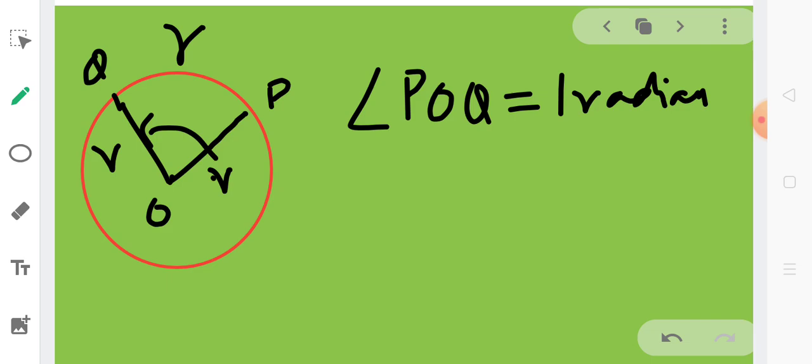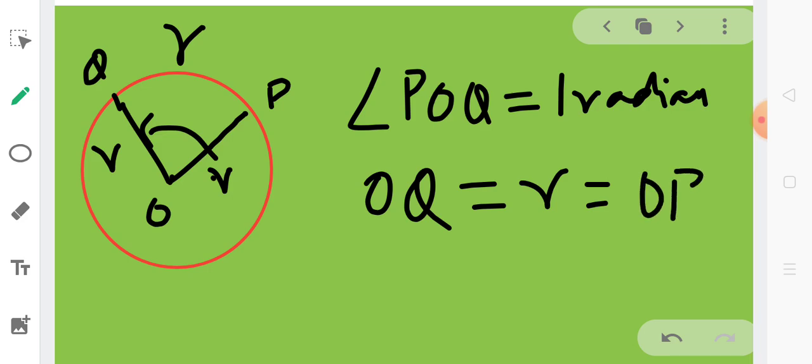This means we are considering the arc PQ having a length equal to the radius of the circle. OQ is equal to radius of the circle, and this is also equal to OP. So the arc PQ, the length of this arc, is also equal to the radius. So the angle subtended by this arc of length equal to the radius of the circle is given by 1 radian, isn't it?